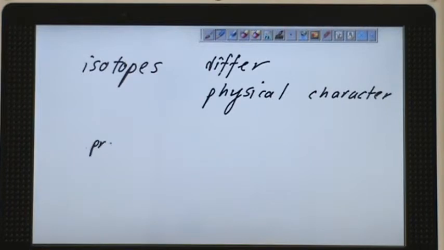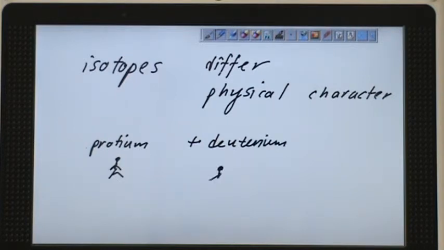Mr. Protium is very thin. Mr. Deuterium is slightly plump, more plump. Then you have tritium, the fattest of all, like myself. So we have different characteristics in terms of mass.